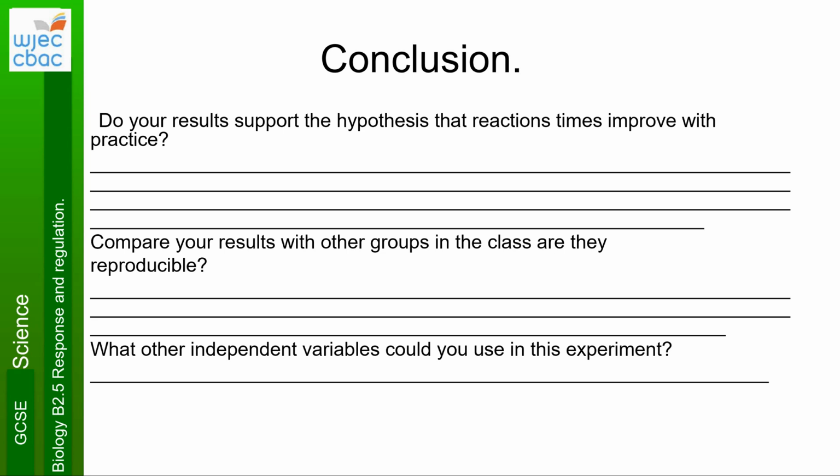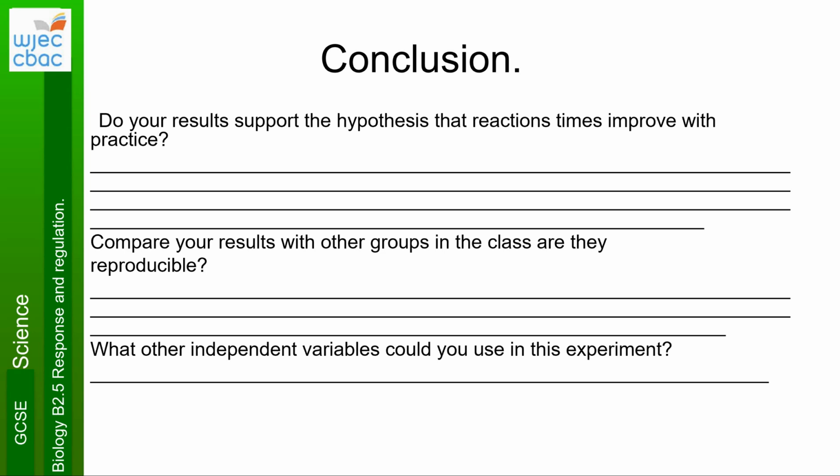We could look if there is a difference in reaction times between males and females. Or could there potentially be a difference in reaction times depending on how physically fit somebody is? If they're used to playing a sport where you've got to react very quickly, are their reaction times better than someone who doesn't play as much sport?